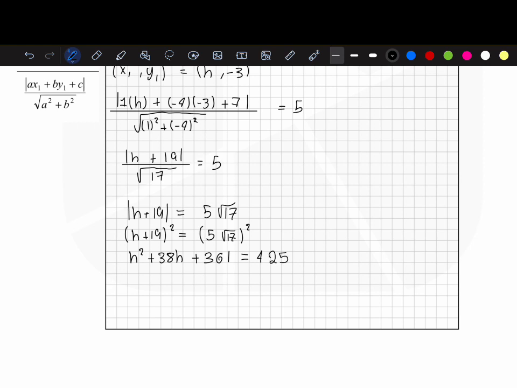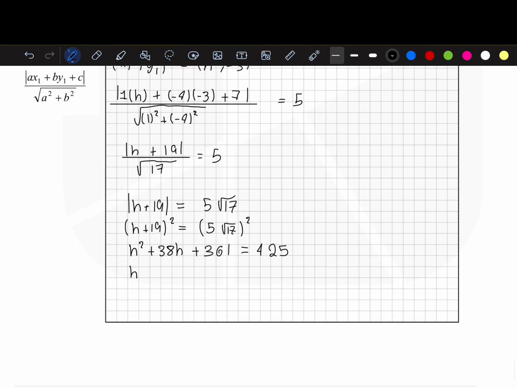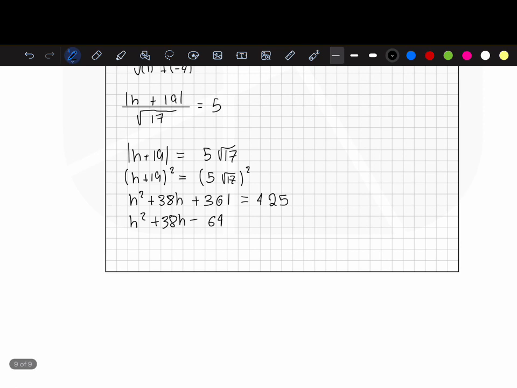Now we just simplify. We're going to get h squared plus 38h minus 64. And if we use our minus b formula, we're going to end up with minus 38 plus or minus the square root of 38 squared minus 4 times minus 64 times 1, divided by 2 times 1.